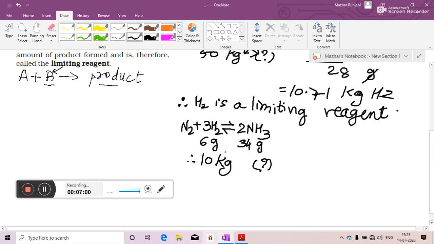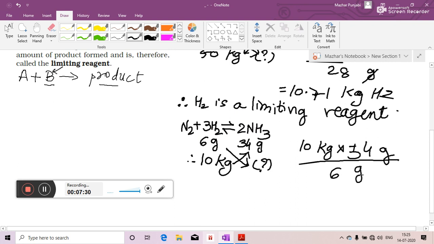So when we do crisscross or cross multiplication, you will get 10 kilogram into 34 gram divided by 6 gram. So gram cancelled.